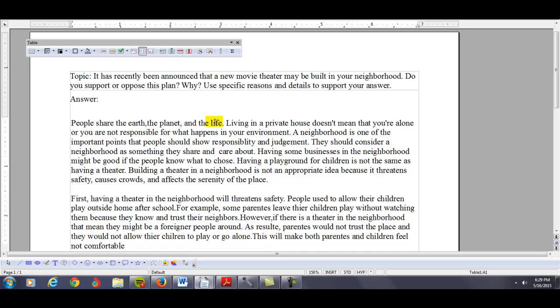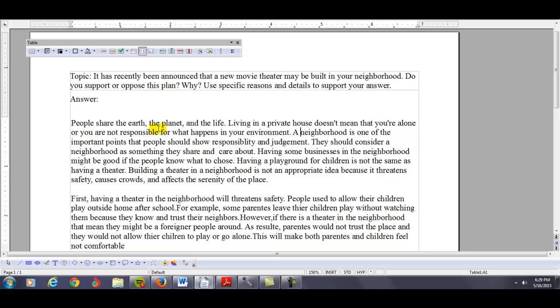You see what I'm doing here? What I'm doing is I'm using this word here because you used it over here. So I'm trying to use a word in this sentence that goes back to what you just said in the previous sentence. In this sentence, I put this word in that ties back to the earth, the planet, and the life, which is our environment, right? So now your sentences are connecting a little bit better.